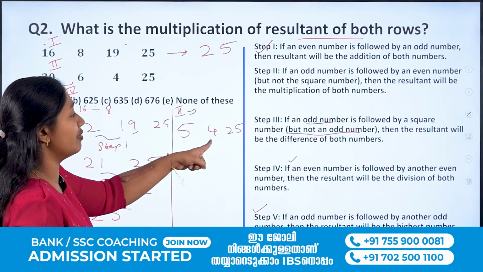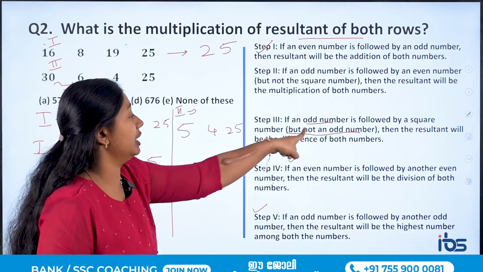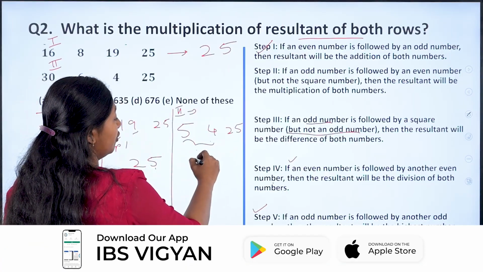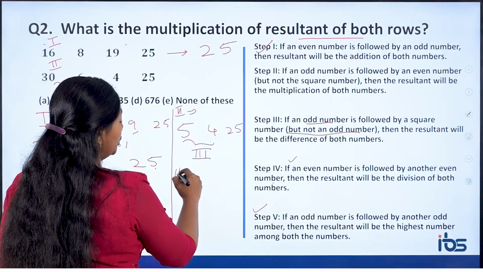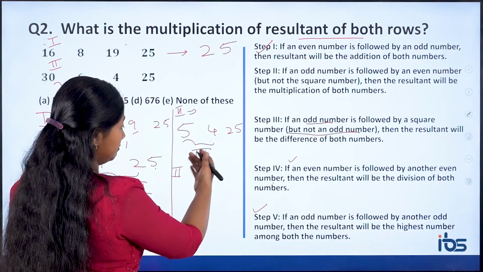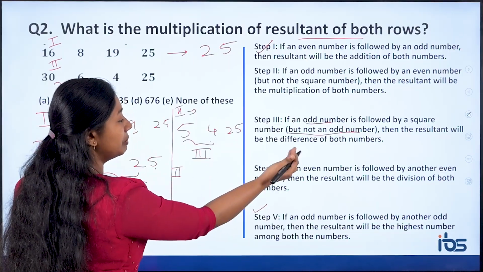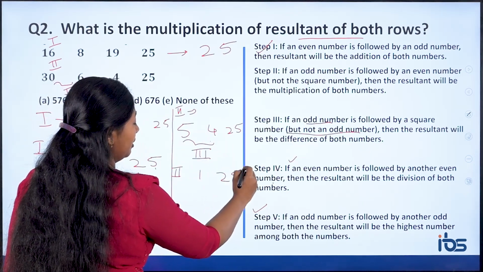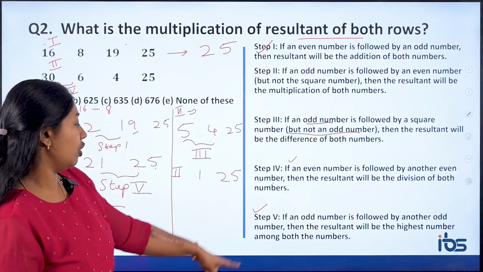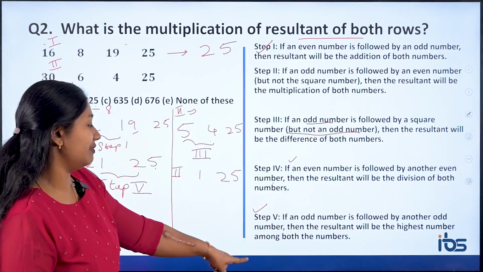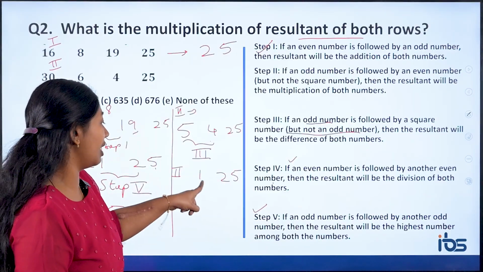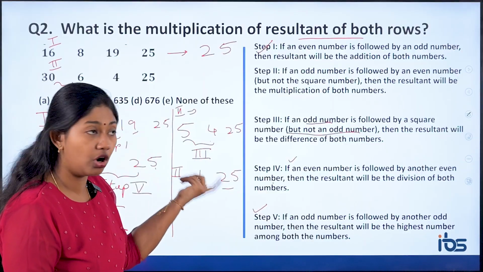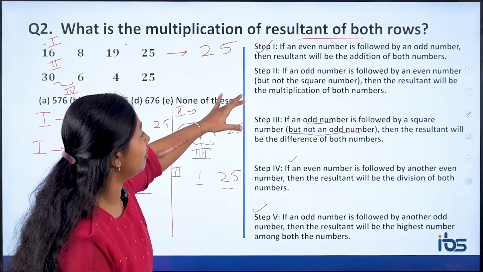Now, odd number followed by a square but not an odd number. So, here if you follow step 3, row 2 becomes, the resultant will be the difference of both, 5 minus 4, 1 and 25. Now, you have odd number followed by another odd number, then the resultant will be the highest among the numbers.